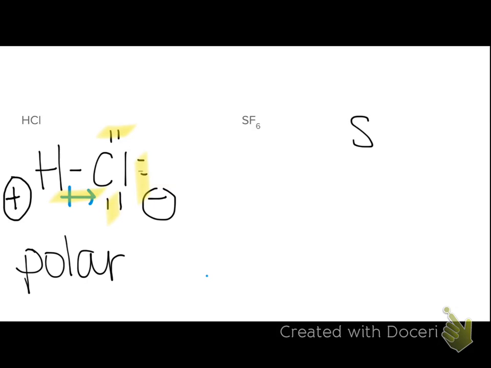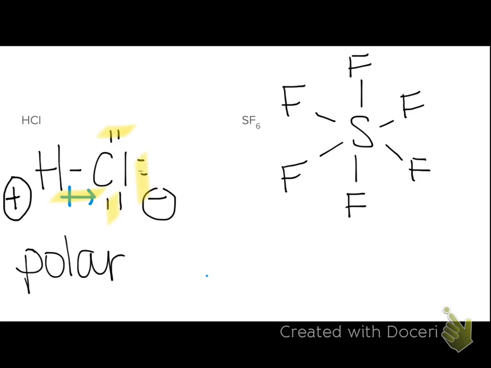All right, SF6. 1, 2, 3, 4, 5, 6. All of these Fs should have lone pairs around them, but I am not going to draw all of them.